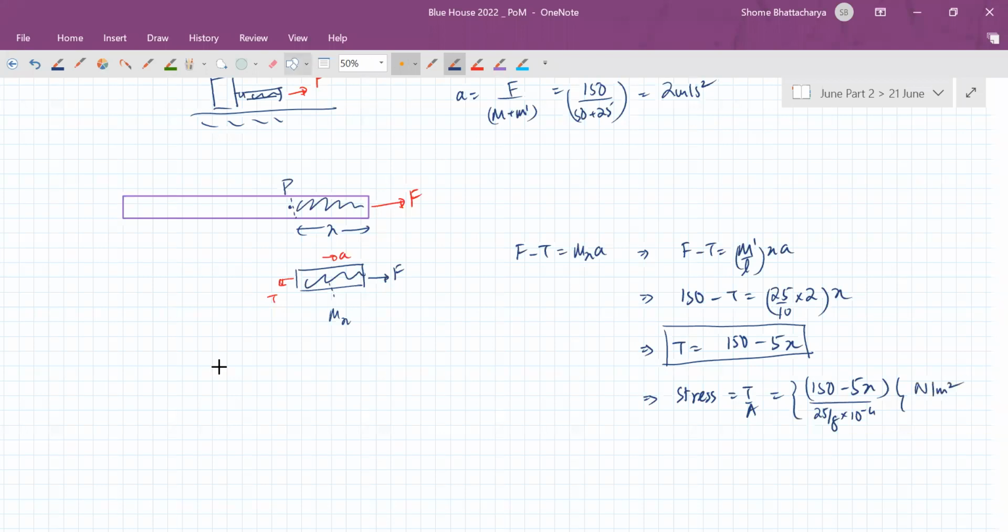For example, if you just visualize the tension with respect to position, you see that the tension is maximum at x equal to 0 and minimum at x equal to L, which is 10 meters. So this is about the non-uniform stress, first of all.